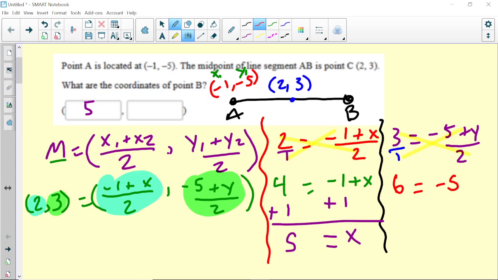Anything times 1 is itself, so -5 plus y. All right, now again, we're going to get y itself by adding 5. And 6 plus 5 is 11. So that means our y coordinate is 11. So the coordinates of our endpoint B is 5, 11.